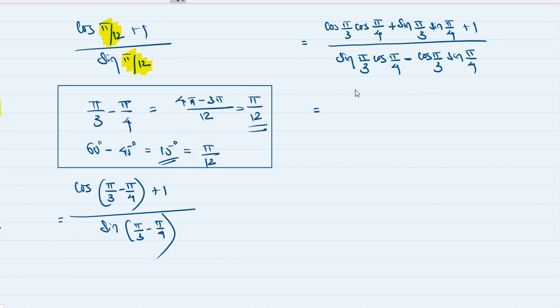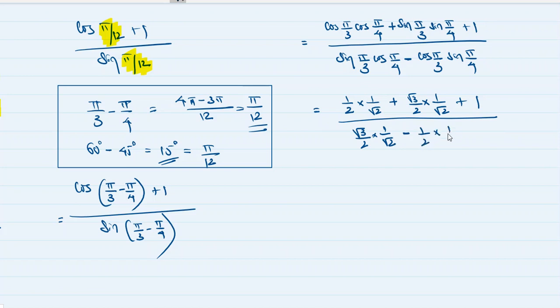Cos π/3, that is cos 60, is 1/2, times cos π/4, 1/√2, plus sin π/3, √3/2, times sin π/4, 1/√2, plus 1, the whole upon sin π/3, √3/2, times 1/√2, minus 1/2 times 1/√2.